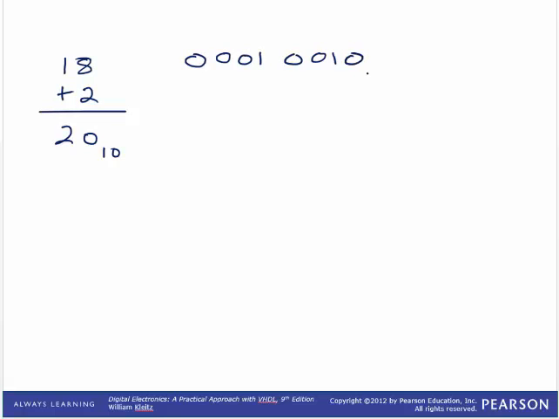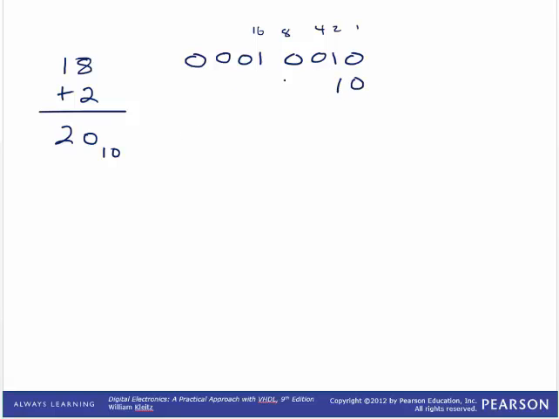Next problem is 18 plus 2, and that answer is 20 in base 10. So 18 is going to be 16 plus 2, so 16 would be there. So that's 1, 2, 4, 8, 16. So 16 plus 2 more, that's 18.